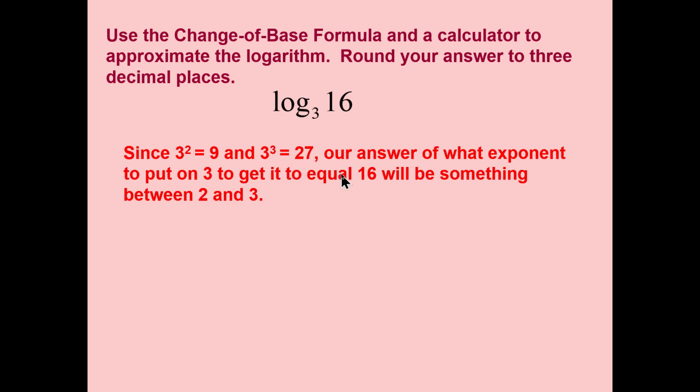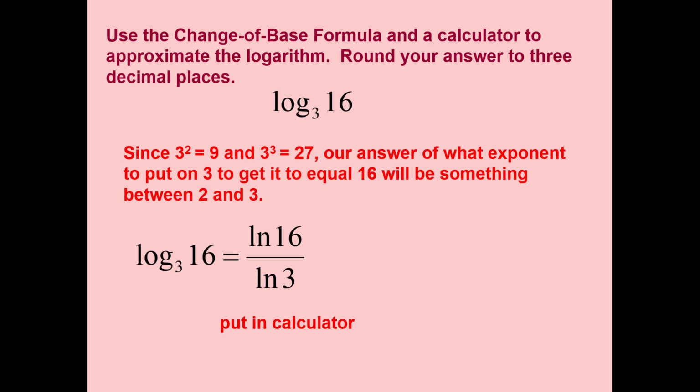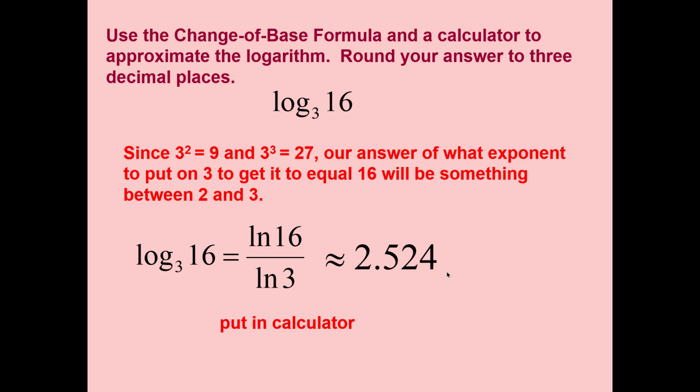So it'll be something between 2 and 3. Using the change of base formula, this is what we get here. And you put that into the calculator, you end up with 2.524. And that finishes our presentation.